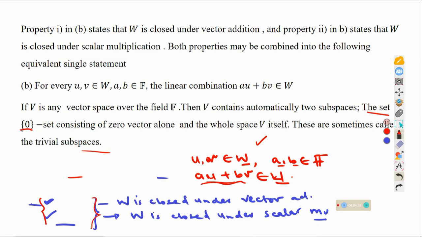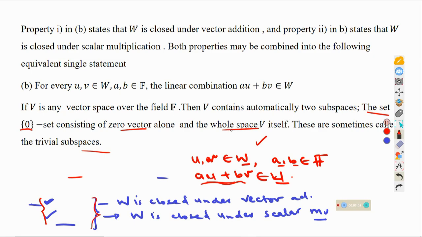This set, which contains the 0 vector alone, is always a subspace of any given vector space. In other words, the 0 vector satisfies the two conditions that we have seen above. And the whole space V itself is also a subspace.